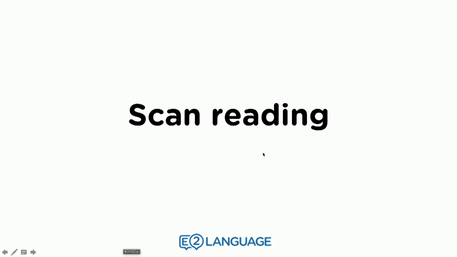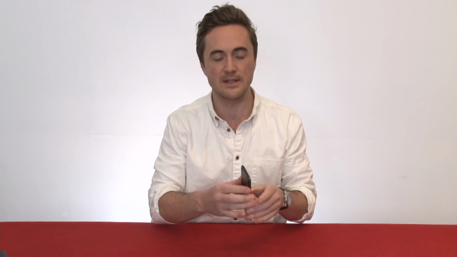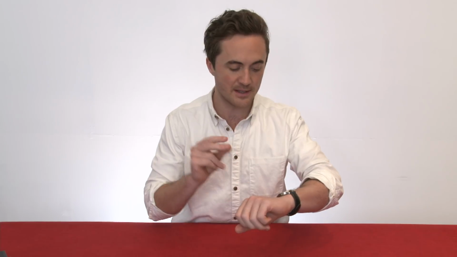Okay, so we need to learn a skill called scan reading, and let me describe it to you this way. I imagine you've all got a phone, and I imagine you've all had the experience of losing your phone. Let's say you're about to leave the house for work, you're in a bit of a rush, you have to be at work at 9 a.m., and you go, damn, where's my phone?